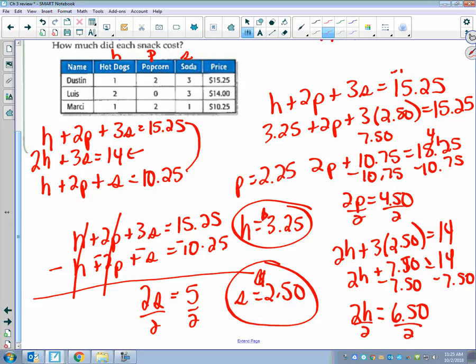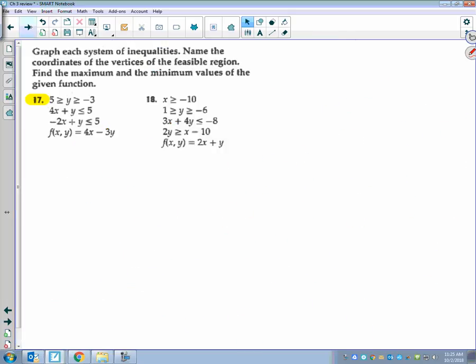So divide by 2, and a popcorn equals $2.25. A little harder to guess and check when you're talking about dollars and cents, but totally doable. Okay, so remember to write your equations, and hopefully this helps as you're doing your review.